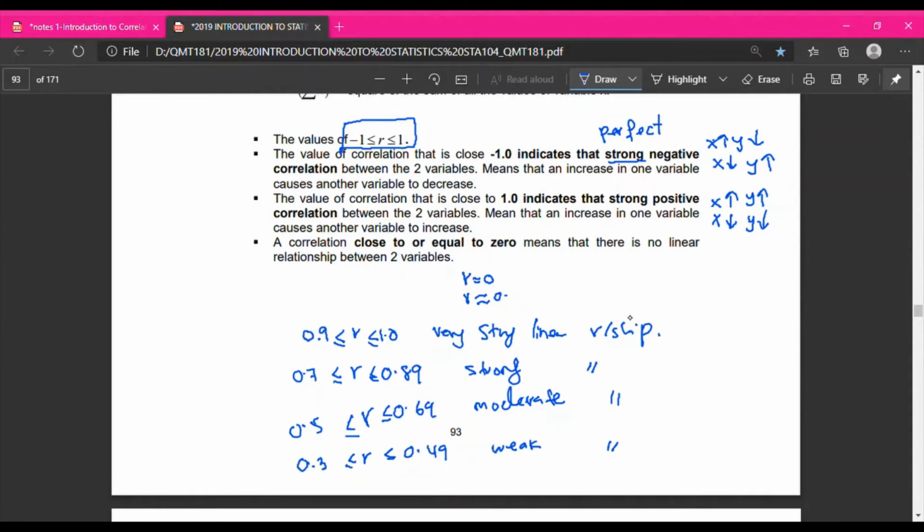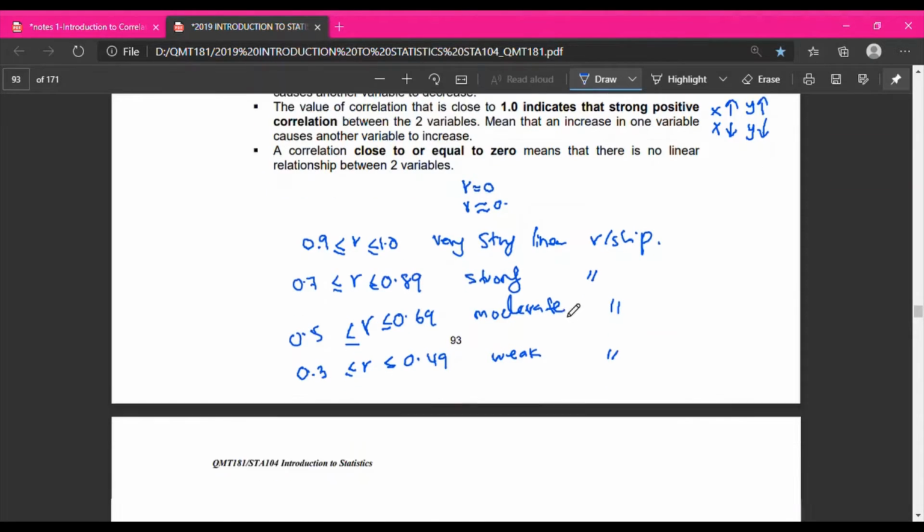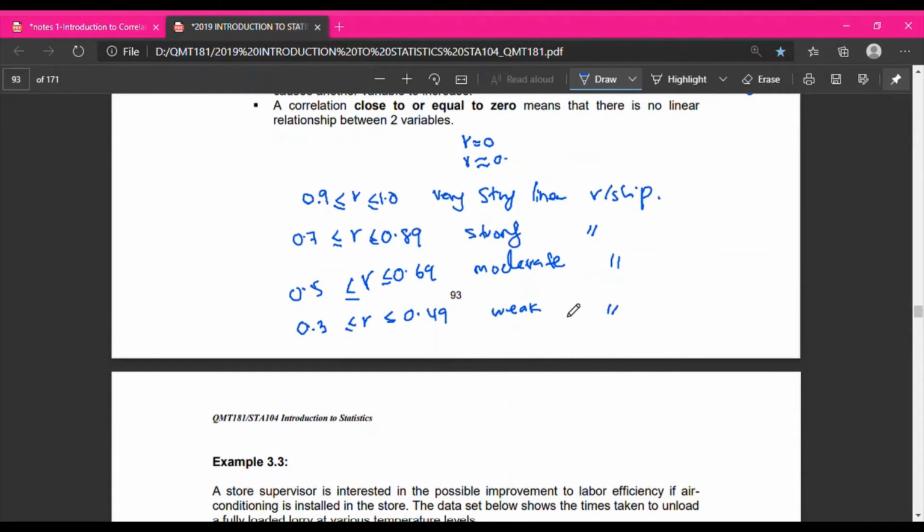And if the value of R is 0, so it is negligible correlation, or there is no linear relationship between the two variables. So using the value of R, which is the Pearson correlation coefficient, we can determine the strength and also the sign of the relationship.